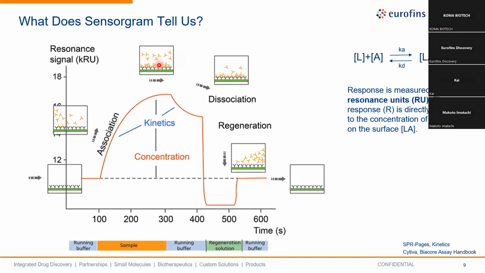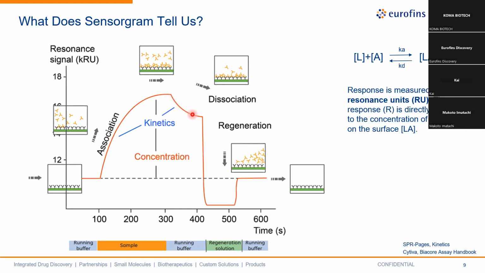So from the equilibrium point of view, anything bound to the surface ligand will start to release into the solution and then flow out. It will be flushed out. So you can see the signal slowly decrease, because the analyte dissociates into the solution phase and is flushed out.